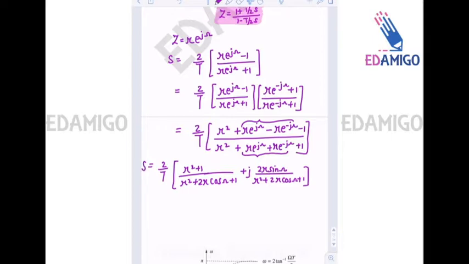Now S is equal to sigma plus j omega. So the real part of S, that is sigma, is equal to the real part of the right hand side.